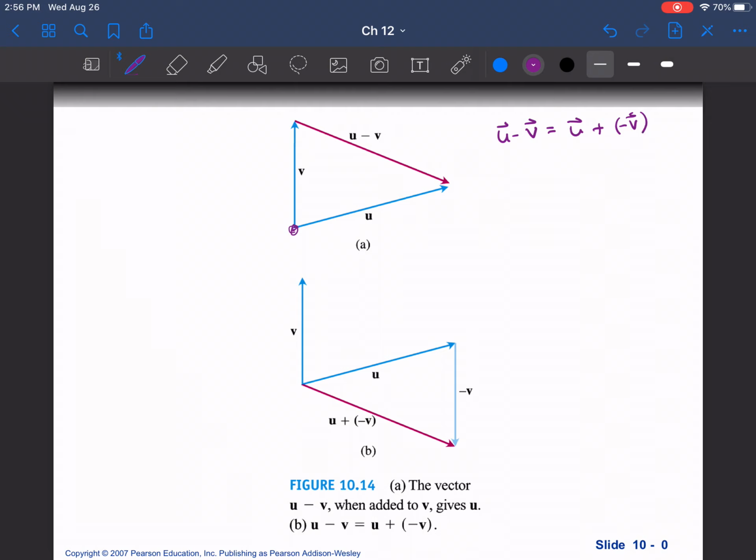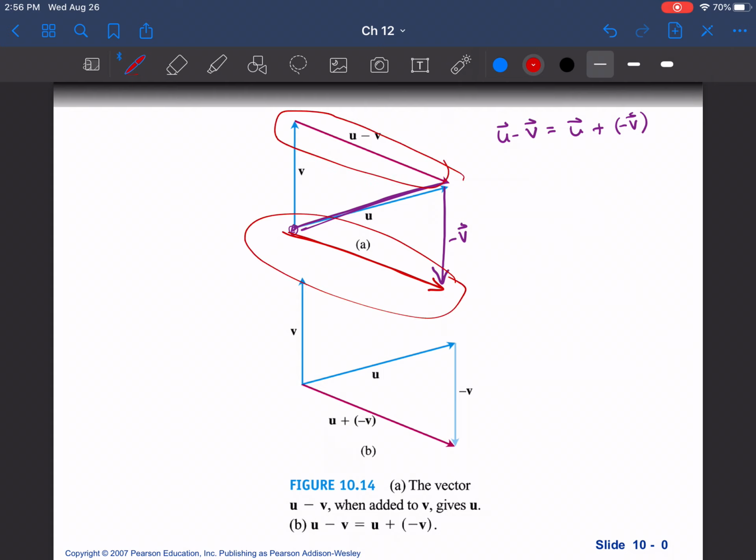And negative V is just V, but in the opposite direction. So if I want to get that same vector, I can do U plus negative V. So this would be U, and then negative V would be like that. And then the resultant vector would be this one. And notice this is the same as that. They're both U minus V.